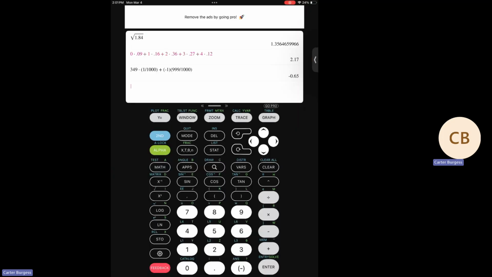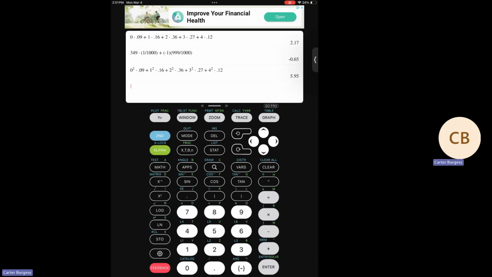We're going to take exactly what we did before, and just on every single value of x, we're going to square. And we get that this is 5.95.